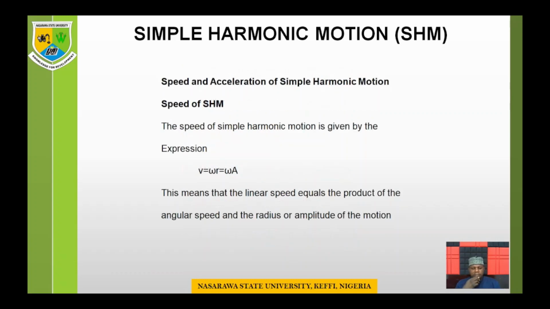All right. So under simple harmonic motion, again, we have what we call speed and acceleration of simple harmonic motion. Speed, of course, we already know what speed is. Speed is distance over time.